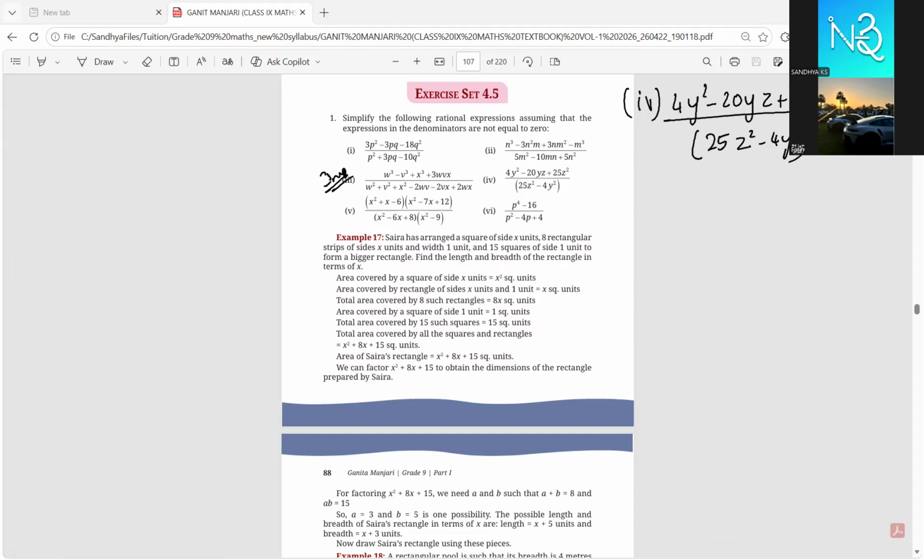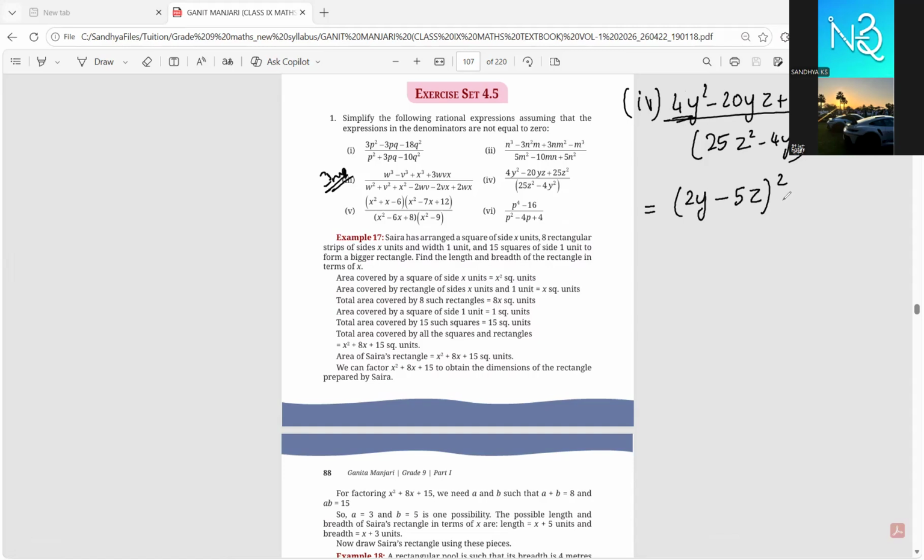Okay, so here in the numerator, we have a square term in the first term and last term. So it will be in the form of a minus b whole square, because a squared minus 2ab plus b squared, like that only it comes. So it will be 2y minus 5z the whole square, because 2 squared is 4.